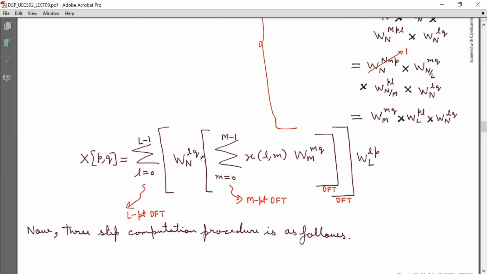Then this is going to be multiplied by W raised to power lq with base N to form a new sequence. And the outermost bracket shows another DFT, that is an L point DFT.